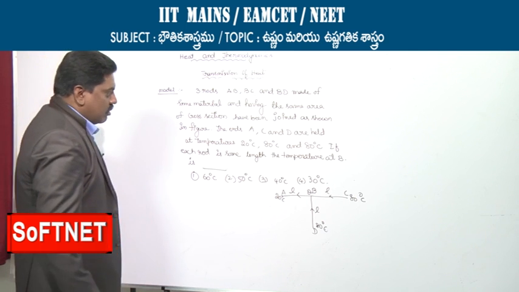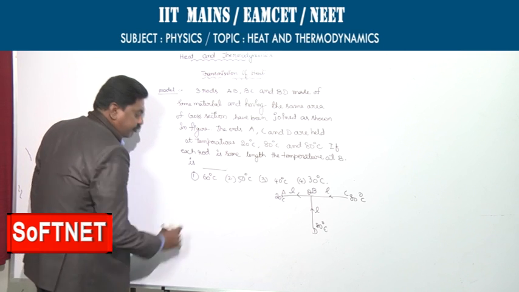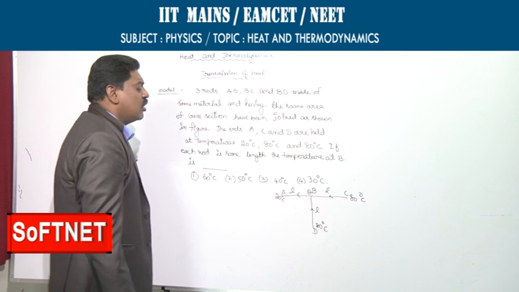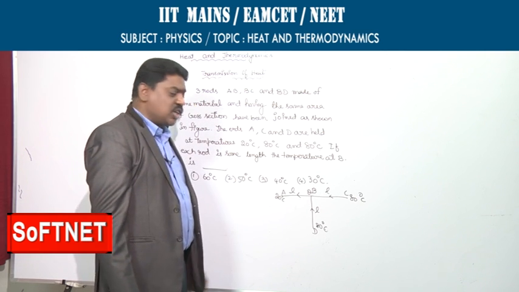Now, this model is the same as Kirchhoff's current law. As we say, total current entering the junction is equal to total current leaving the junction.